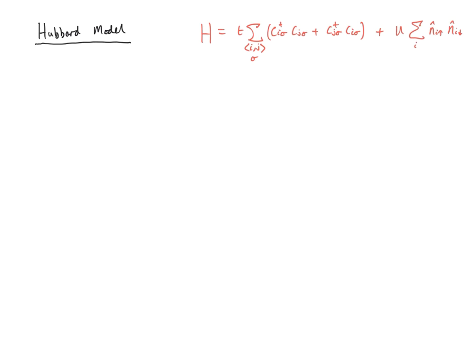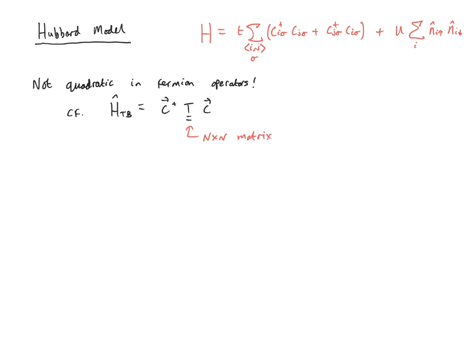Why is that? Why is it so hard? Well, it comes from the fact that this is not a quadratic Hamiltonian, not quadratic in fermion operators. So if we have a tight binding model, we can write it in this form, where this T here is an n by n matrix of parameters for an n orbital system.